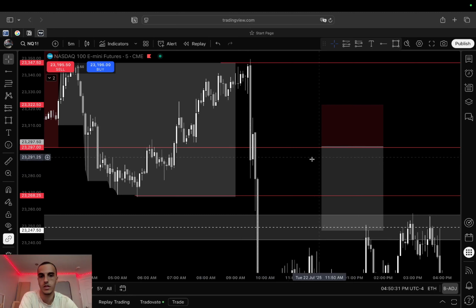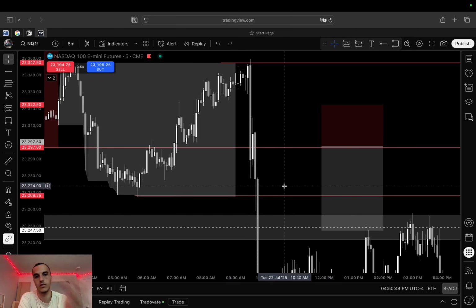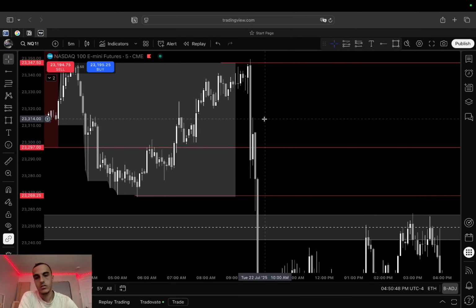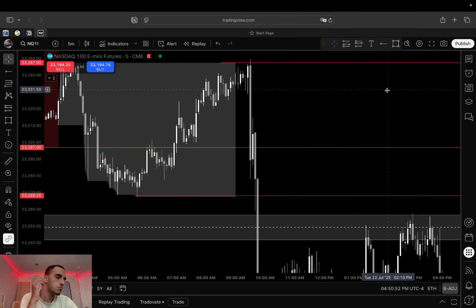That's it. If, for example, we had this first, so we broke but didn't retest, and we just rejected right there, then yes, I would have entered right there at the second retest. So yeah, it sucks, but at least it's a small L, right? 500, no big deal.